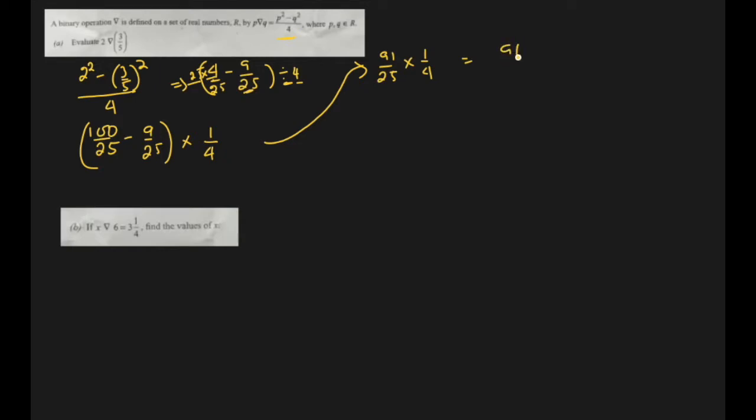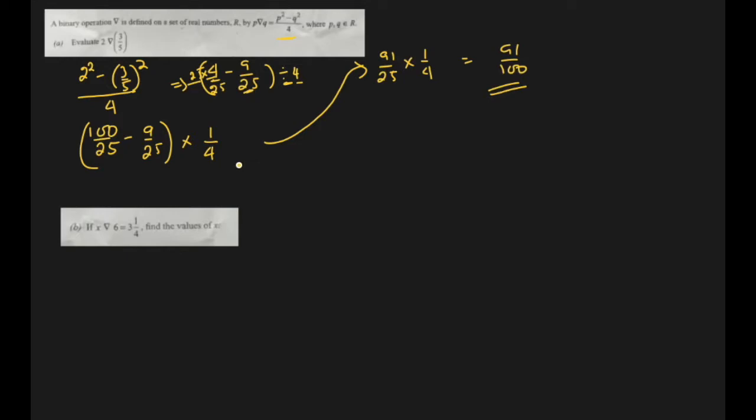So it becomes 100 over 25 minus 9 over 25 in a bracket. This division I'll convert to multiply, and when we convert a division to multiply, the number after that is reciprocated, and the reciprocal of 4 is 1/4. So 100 minus 9 is 91 over 25 times 1/4. That will be 91 over 100.